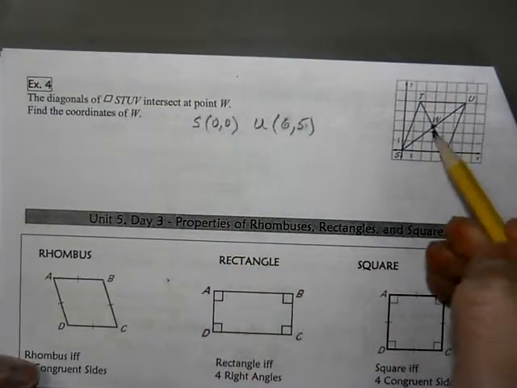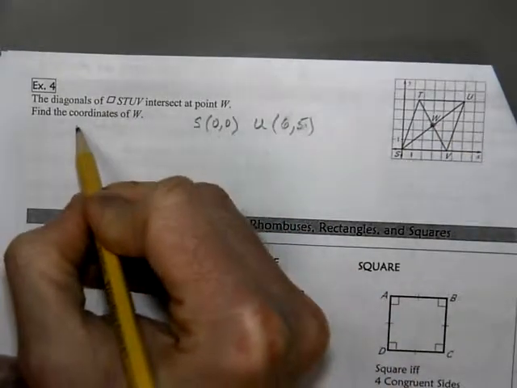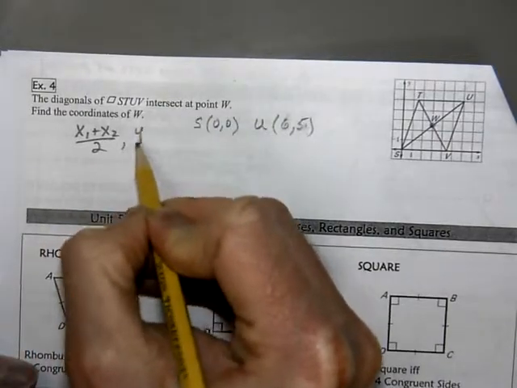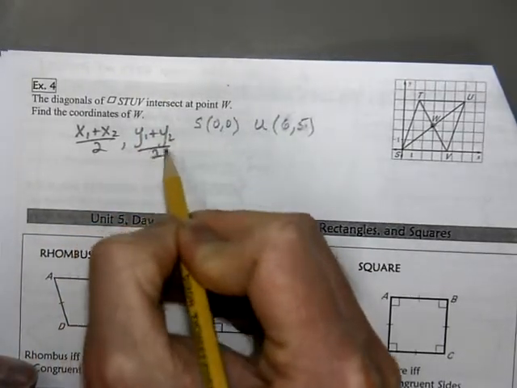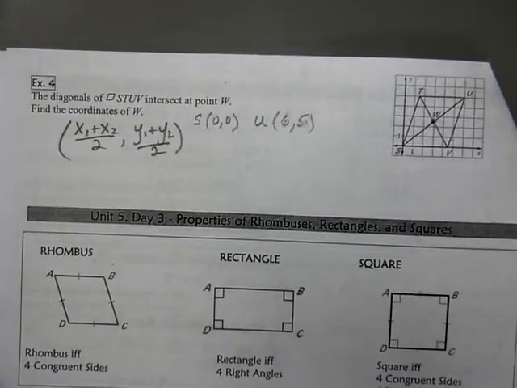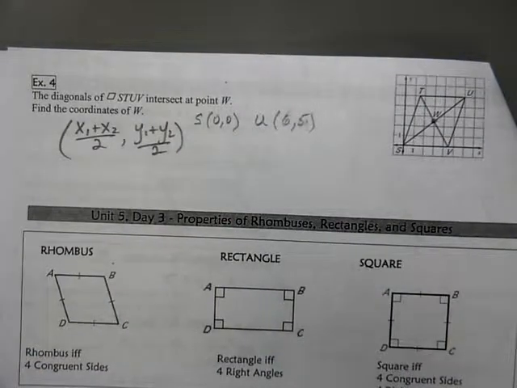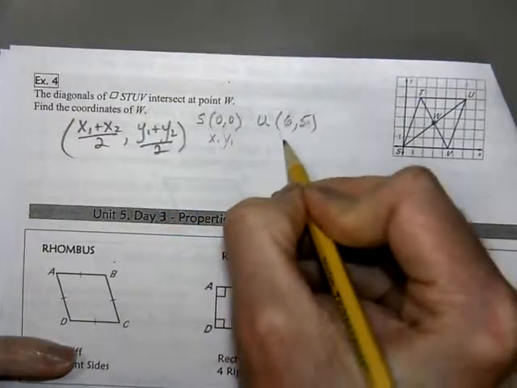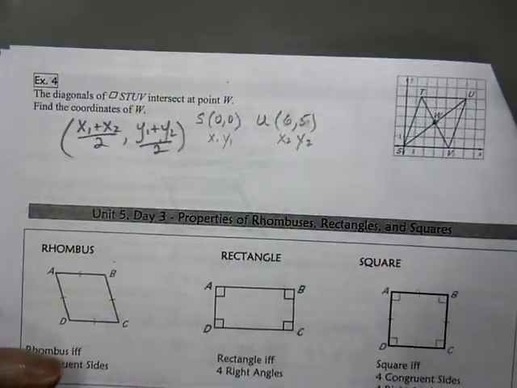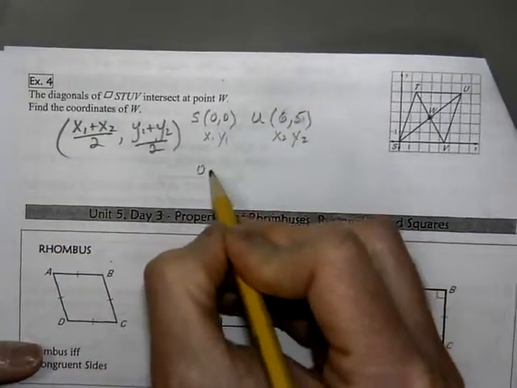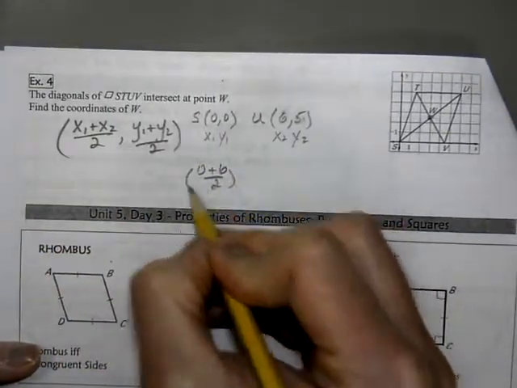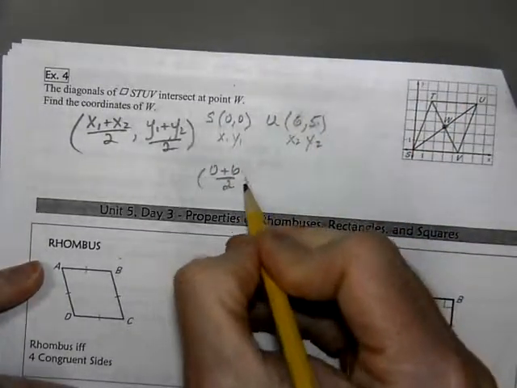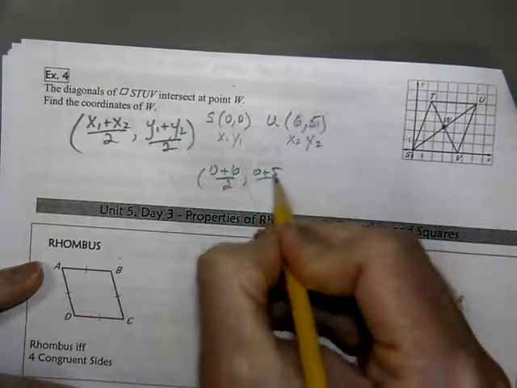Now, if we're going to find out W, we're going to use the midpoint formula. Because W is halfway in between. It bisects the segment. That means it's at the midpoint. So this would be our x1 and y1. This is our x2 and y2. So we can plug in our numbers. 0 plus 6 divided by 2, comma 0 plus 5 divided by 2.